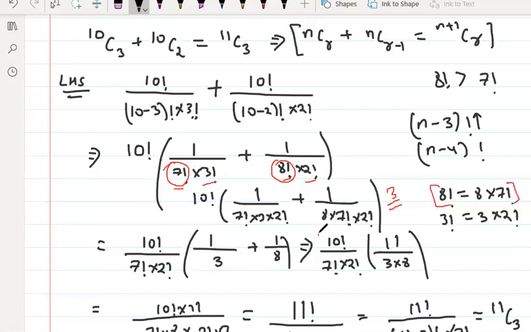So I've written 8 into 7 factorial over here. In the same way, 3 factorial is bigger than 2 factorial, so 3 factorial is written as 3 into 2 factorial. Now we have 7 factorial into 2 factorial common, which can be taken out. Okay, Shirsha? Got it? Everyone got this?